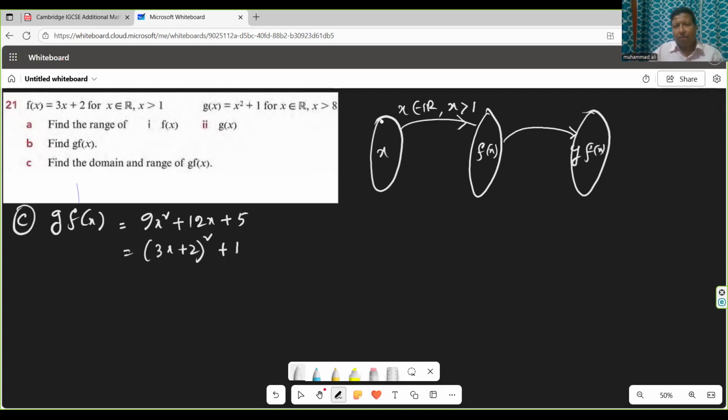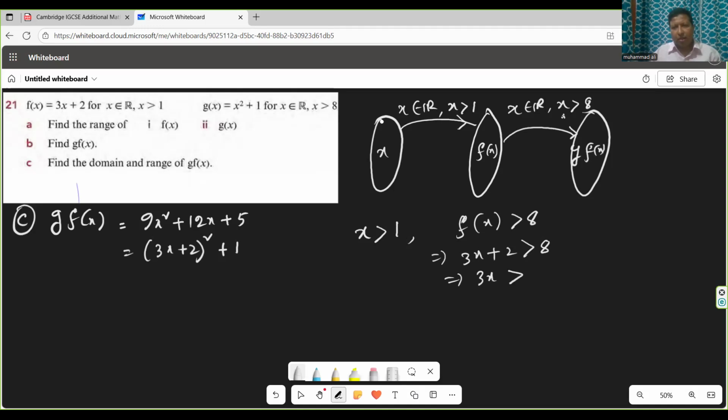When you put f(x) instead of x in the g function, the condition is f(x) greater than 8. f(x) is 3x plus 2 greater than 8. So 3x greater than 6. So x greater than 2.